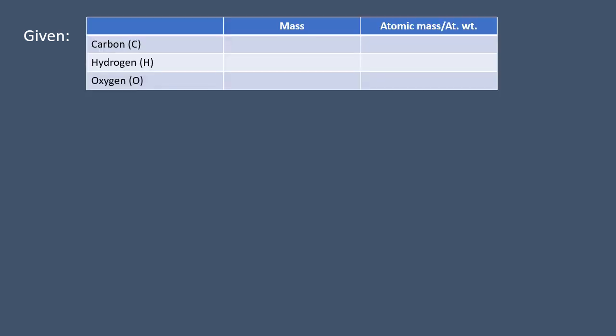Again, just to emphasize, we assume that 100 gram of compound is composed of the elements with masses corresponding to their percentages.